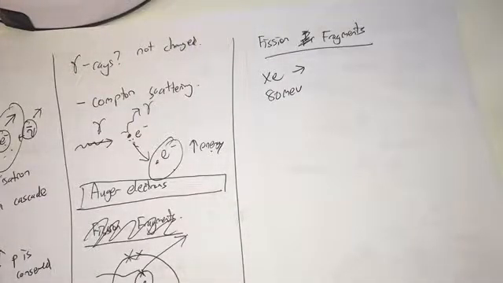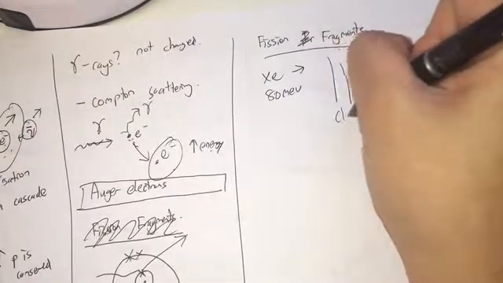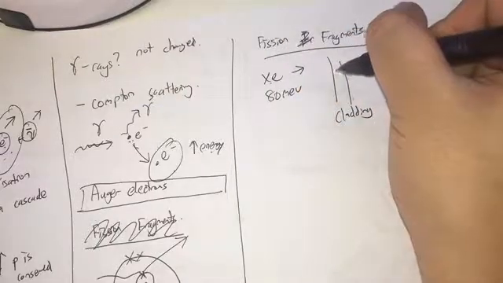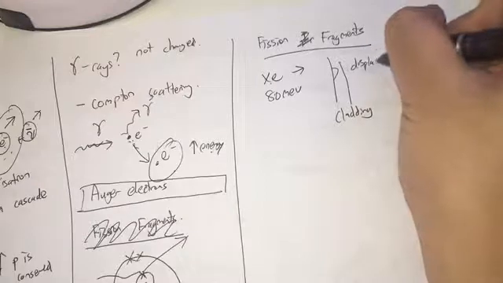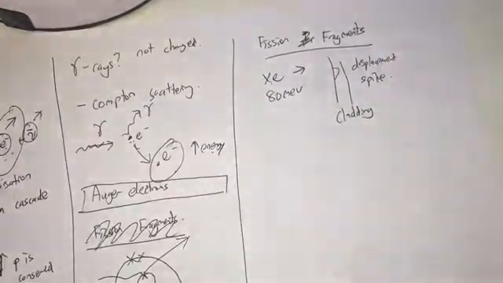And we can imagine that when they come into contact with the cladding, because they are charged, they will cause a displacement spike again. And they have a PKA being generated, and then you have that whole cascade happening.